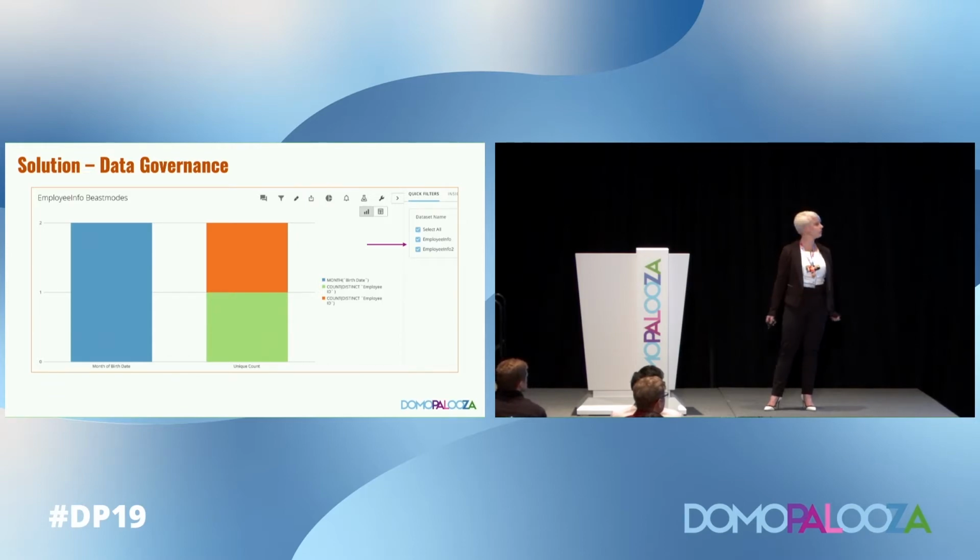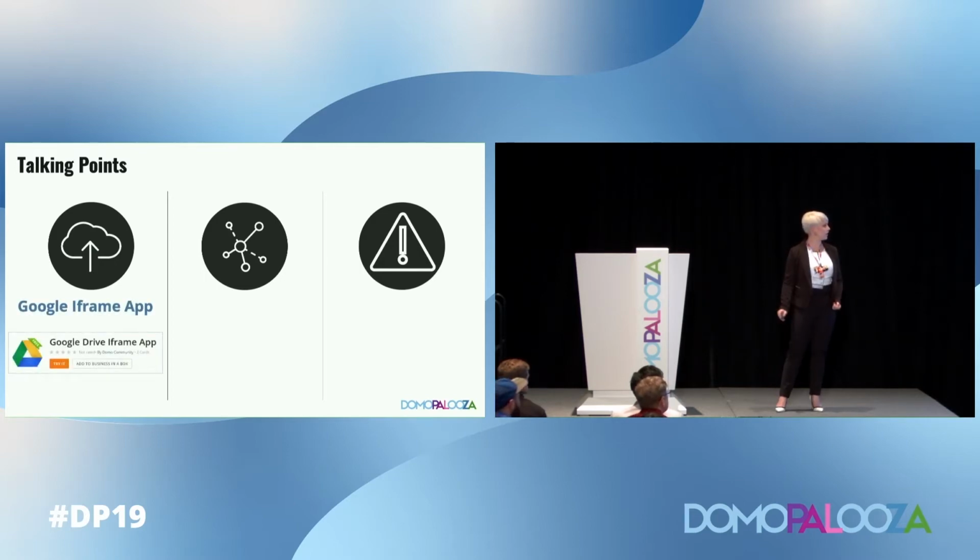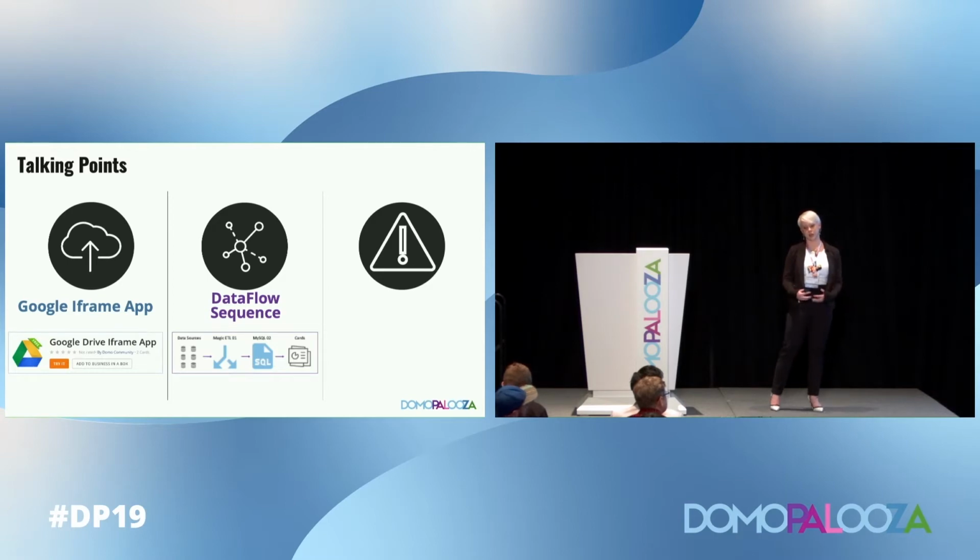This has made this process a lot easier, just to pinpoint exactly what is going on in my beast modes. So in conclusion, I hope that I was able to share some useful information with you. We talked about the Google iFrame app and how it streamlines user experience. We talked about data flow sequencing and how it can make your data sets very complex, but also really flexible and efficient.